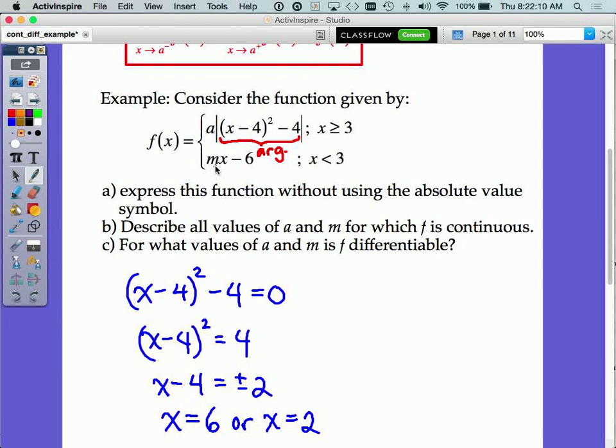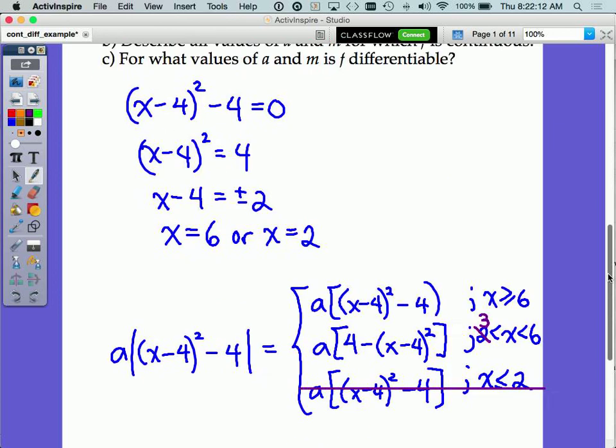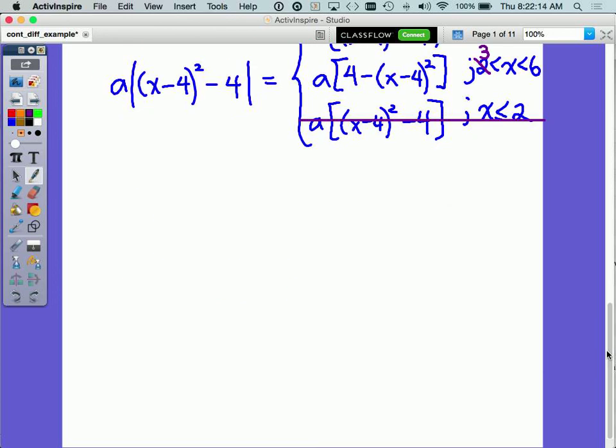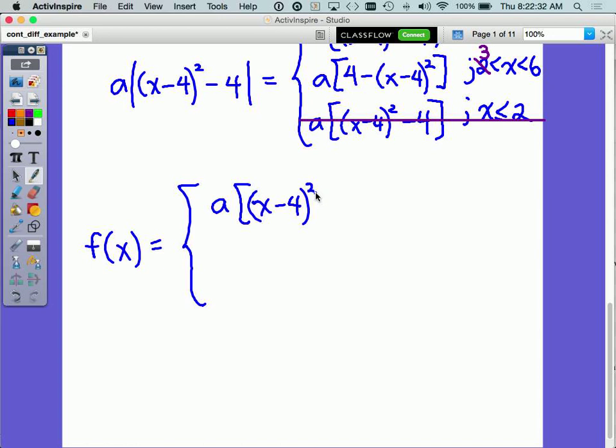So now I can rewrite f of x the way that it should be. And so f of x is going to be the piecewise defined function. At the top, it's what we have up here. So a times x minus 4 squared minus 4 when x is greater than or equal to 6.